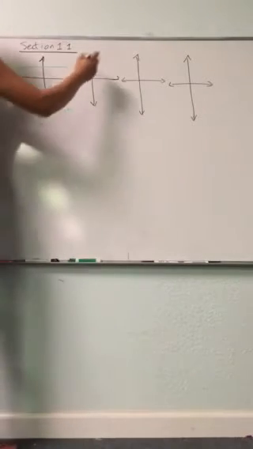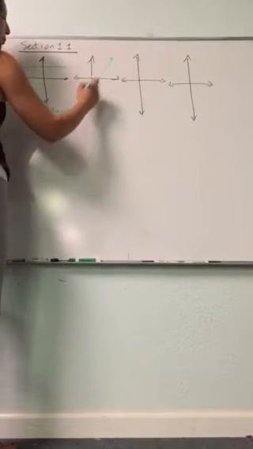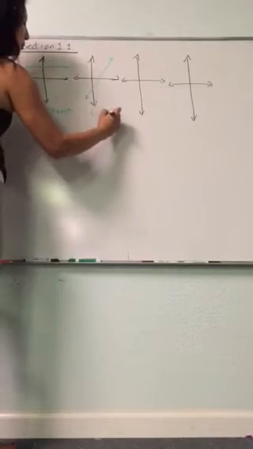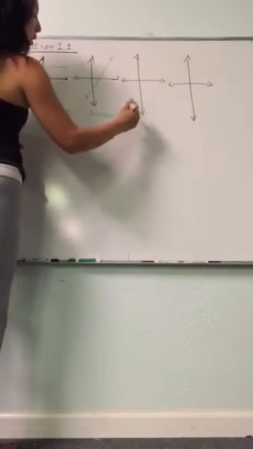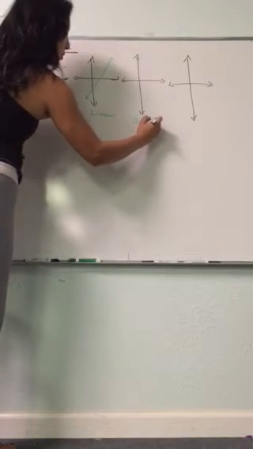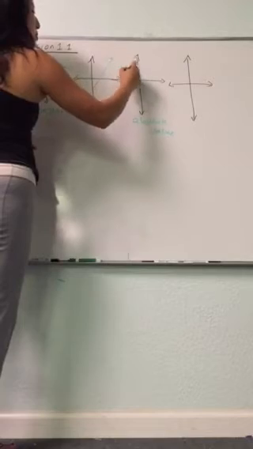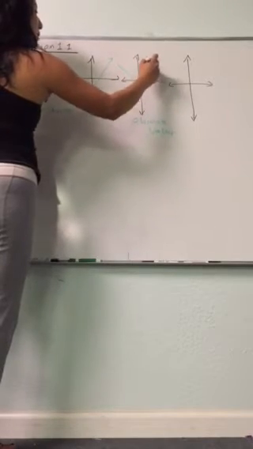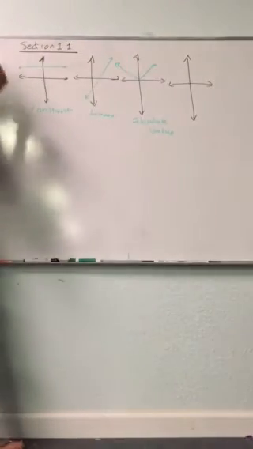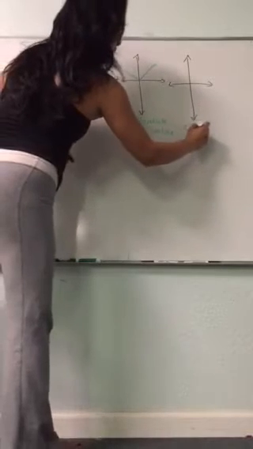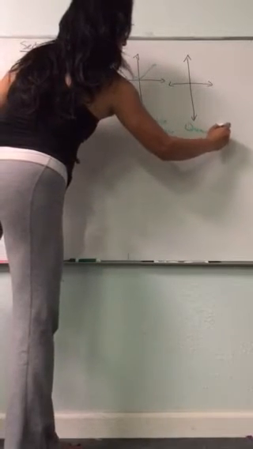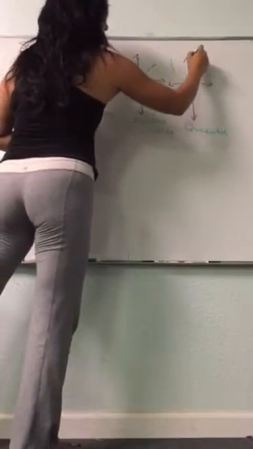Okay, a linear graph is a line. I'm going to actually do absolute value first. It is usually something that looks like this, like a V, and then finally the quadratic graph, like a parabola.